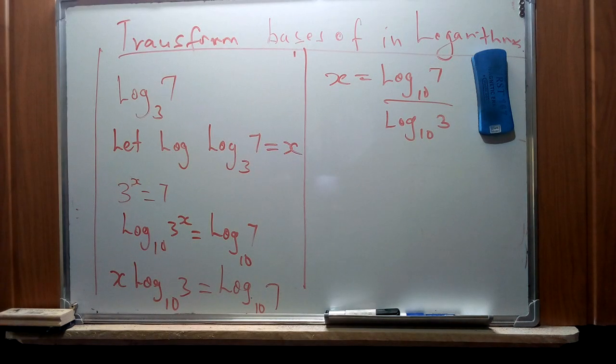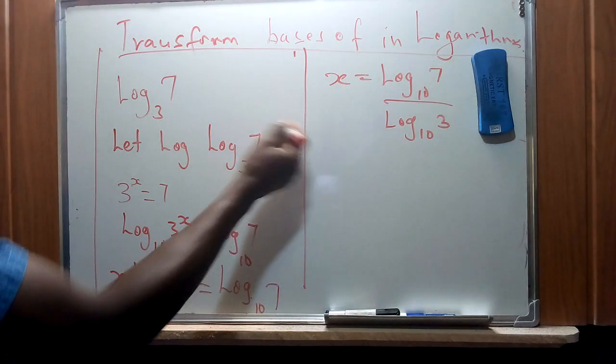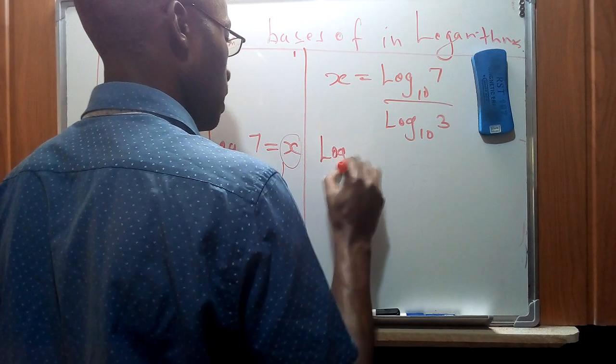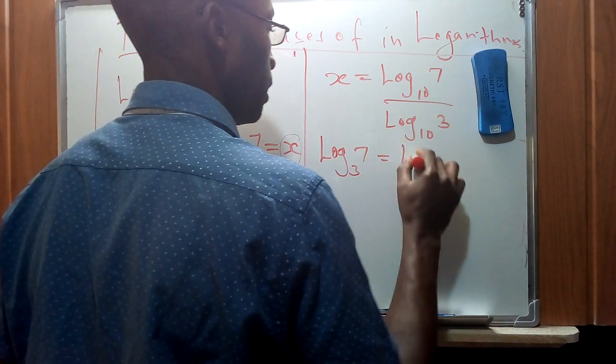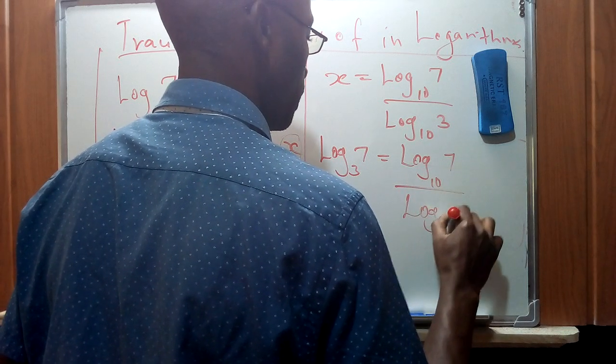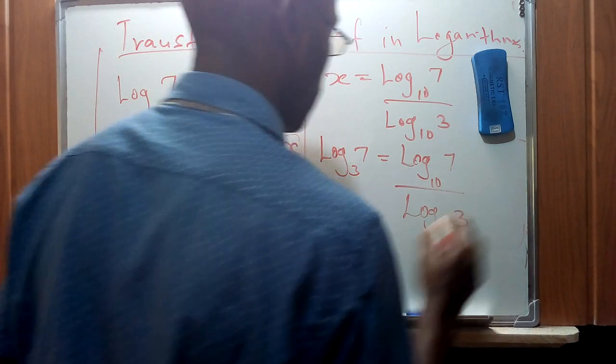So now that we are given x as representing this, we can rewrite and say log to base 3 of 7 is equal to log to base 10 of 7 over log to base 10 of 3.